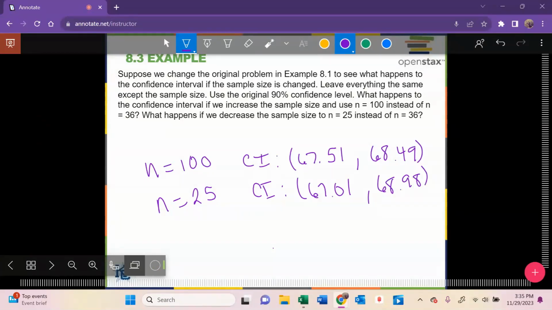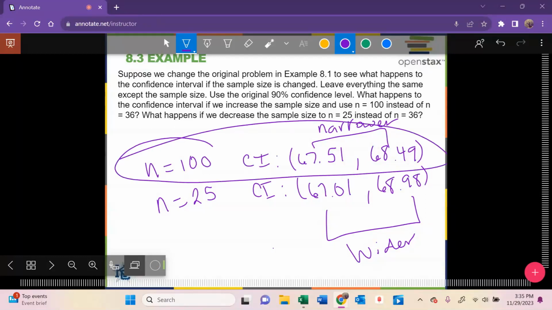So you can see here that when you have a smaller one, it's wider, and when you have a larger, it's narrower. And that's because the larger it is, the more chances you have of being exact.